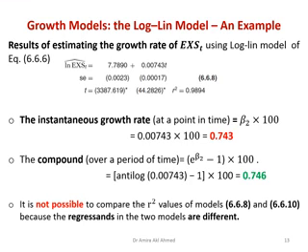The compound rate of growth is computed by taking the antilog of the estimated slope coefficient and subtracting 1 from it, then multiplying the difference by 100. Thus, the compound growth rate of expenditure on services is about 0.746% per quarter, which is slightly higher than the instantaneous growth rate. Of course, this is due to the compounding effect.